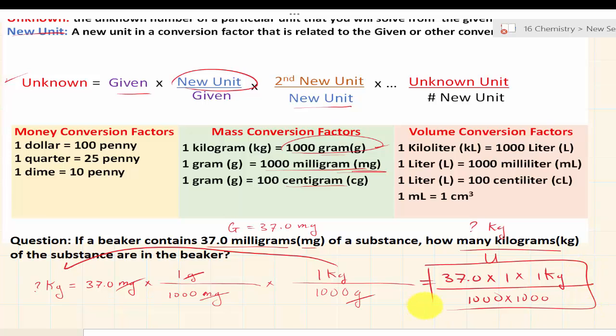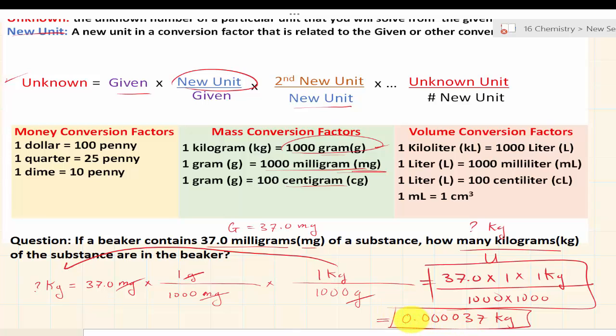If we plug this into the calculator, we take 37.0, first divide by 1,000, enter, and then divide by 1,000 again. That's what I meant by dividing everything on the bottom. It gives us a very, very small number, which is 0.00037 kilogram, and that is our answer.